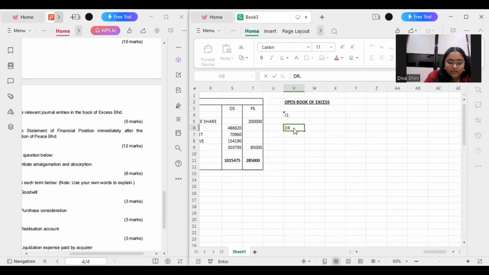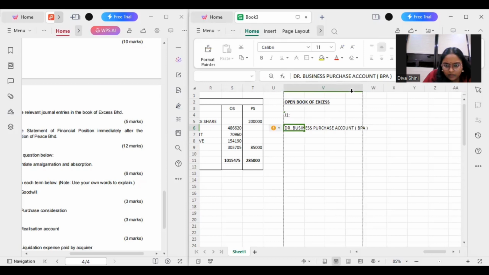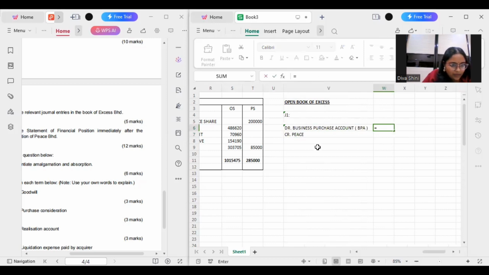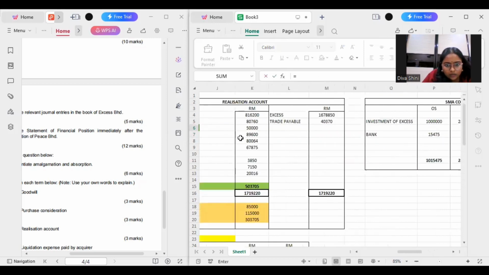So the debit is BPA, business purchase account, BPA. And here we need to credit the fees account. So the amount will be the same from the goodwill.